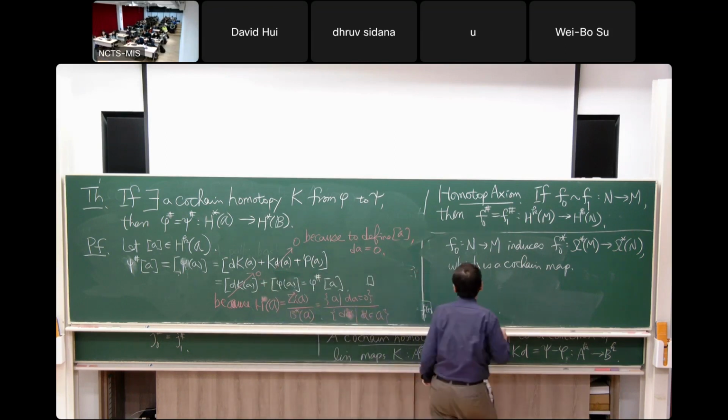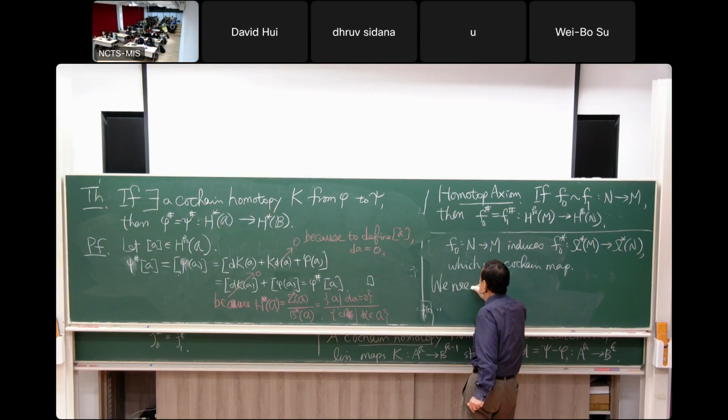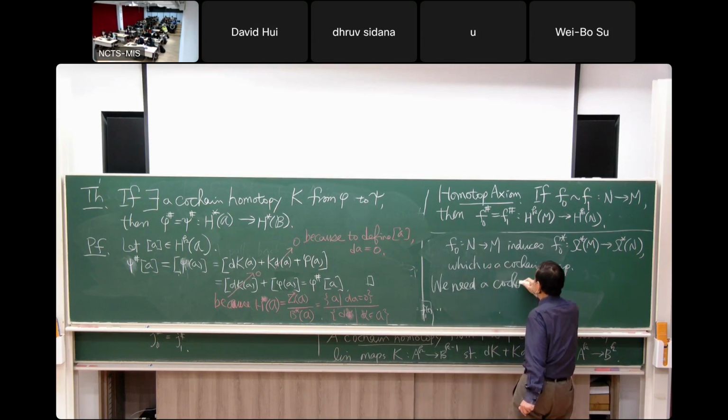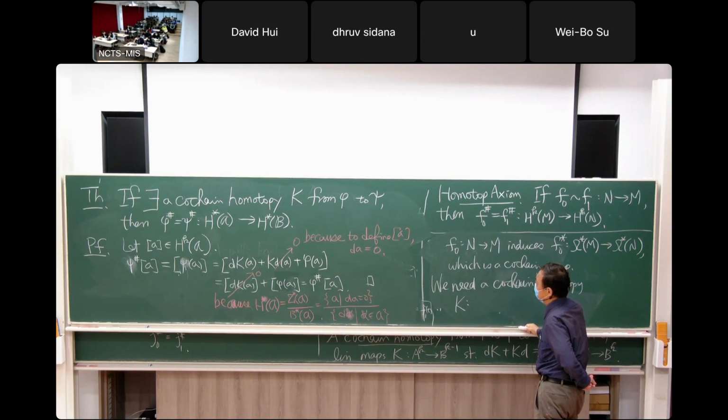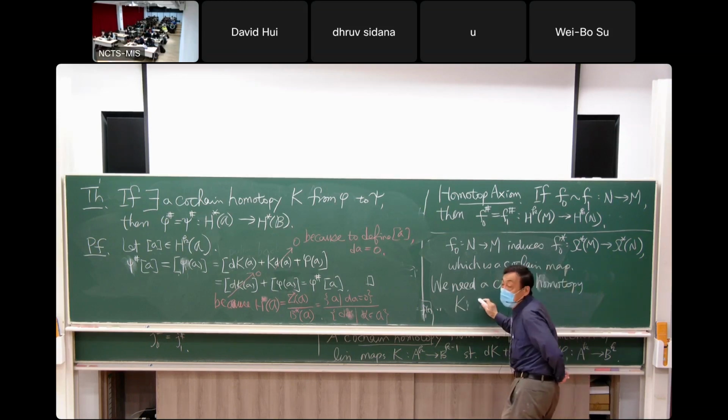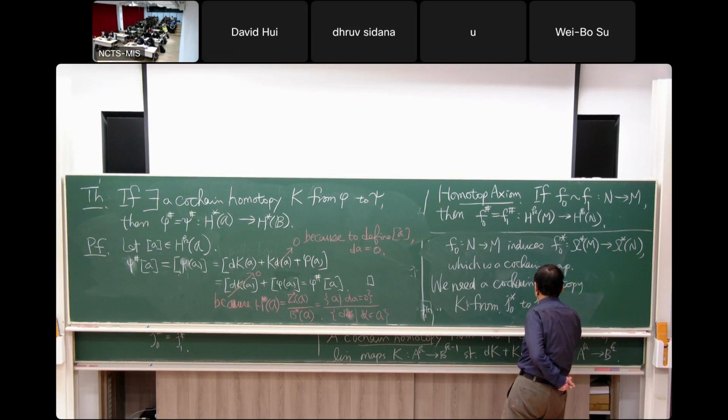So we need a co-chain homotopy K from J0 star to J1 star, right?